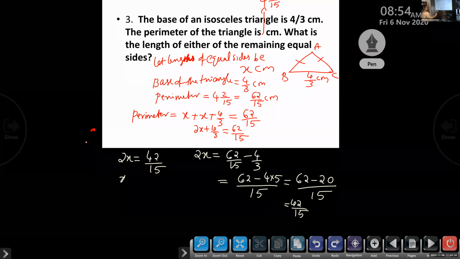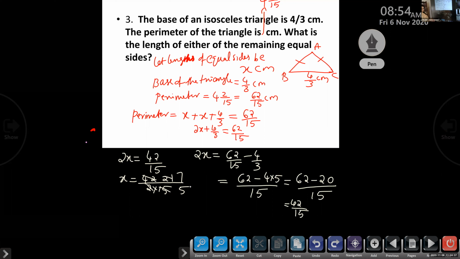So x equal to 42 by 2 into 15. This 2 will come to the denominator. So 21, again 3 will go, 7 by 5. X equal to 7 by 5 centimeter.